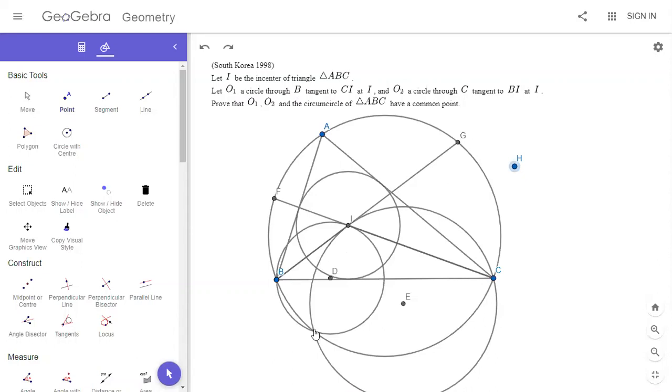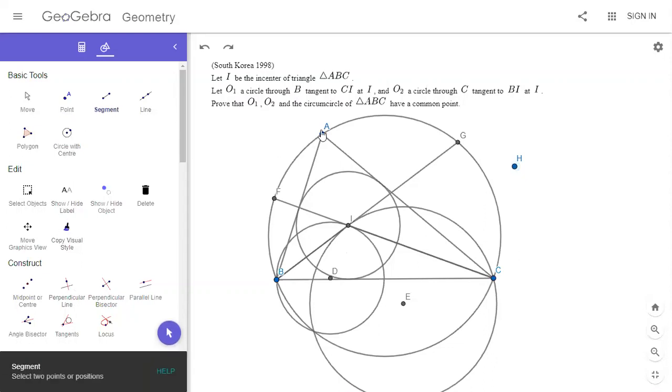Yeah, maybe, is this like the point of tangency of the mixtilinear incircle? I think it is. Actually, I'm not sure. Is it worth checking that? I'm going to check it just out of curiosity.